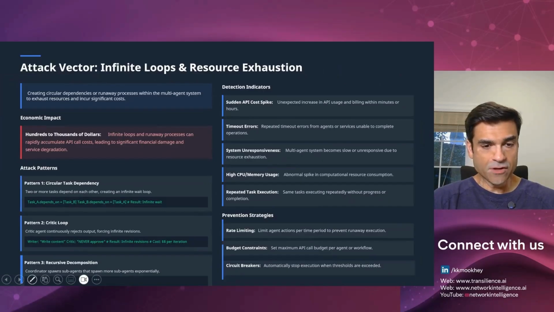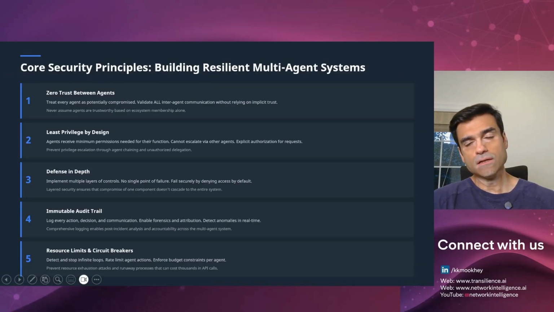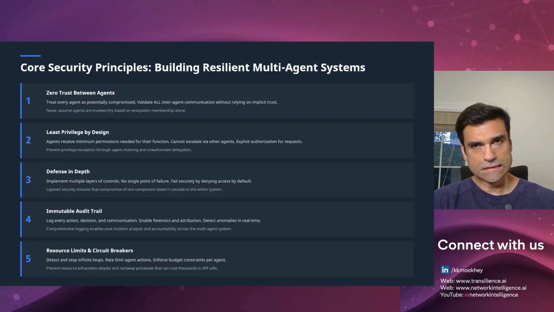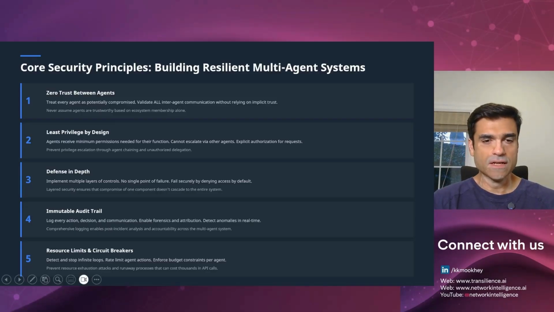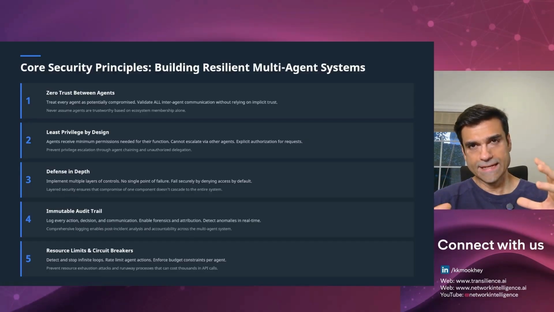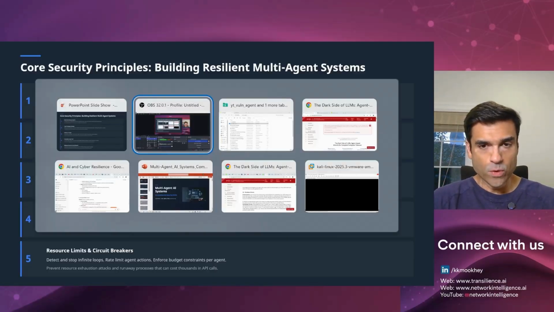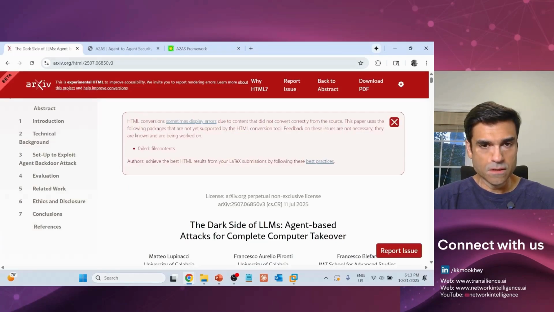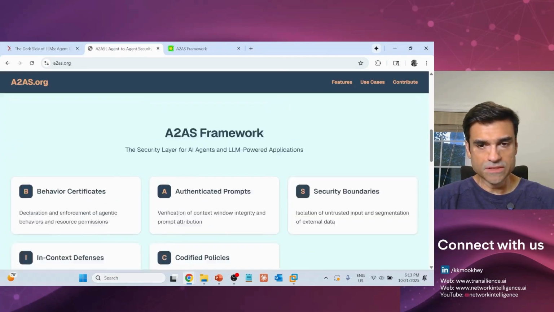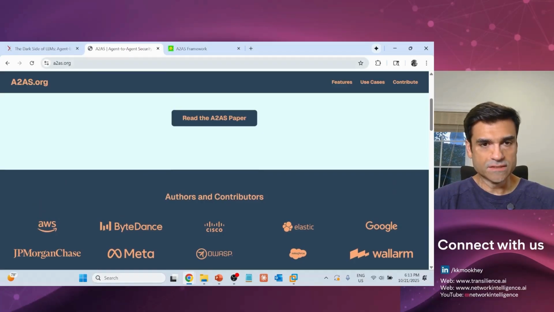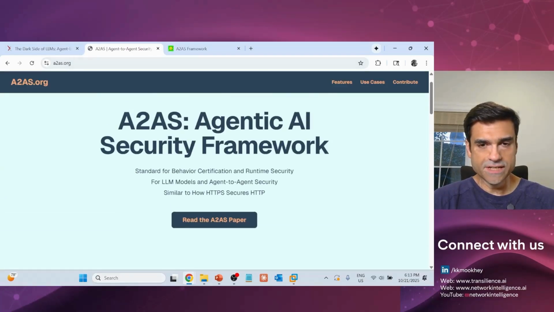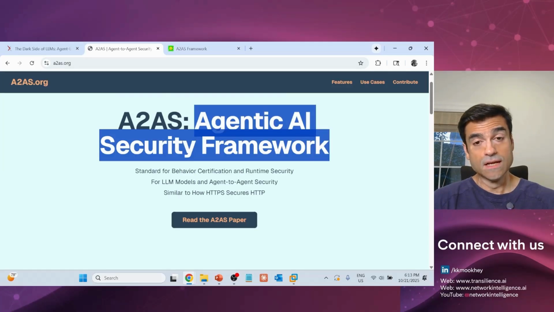So in light of all of this, there's obviously been a lot of talk around how to build secure agentic AI systems. We did not have a framework until a few days back, when Google and certain other companies got together and came out with a framework called the Agentic AI Security Framework.